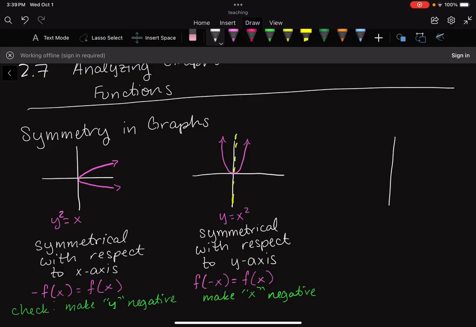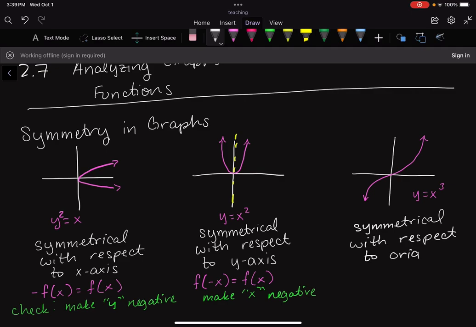And then the last type that we will see is symmetrical with respect to the origin. An example of this one is y equals x cubed. So this is symmetrical with respect to the origin. So just a reminder, the origin is that middle point right here.